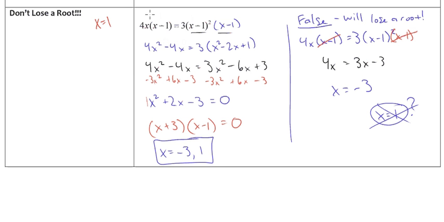So again, this over here is our correct method. The one on the left, be very careful. That's going to lead you astray. So I'm going to write it out explicitly.